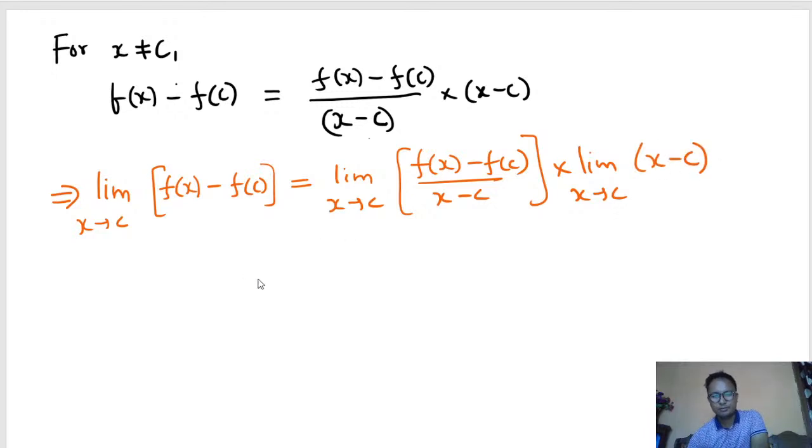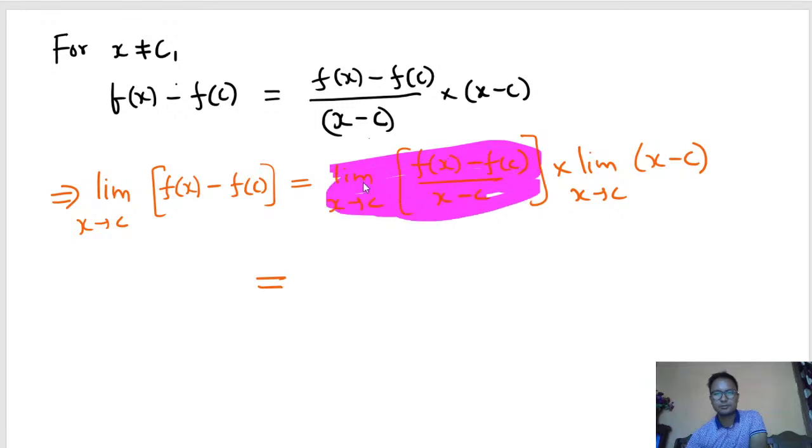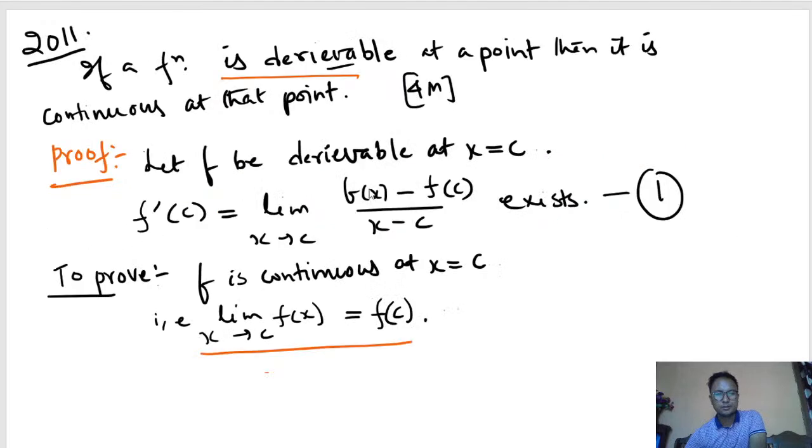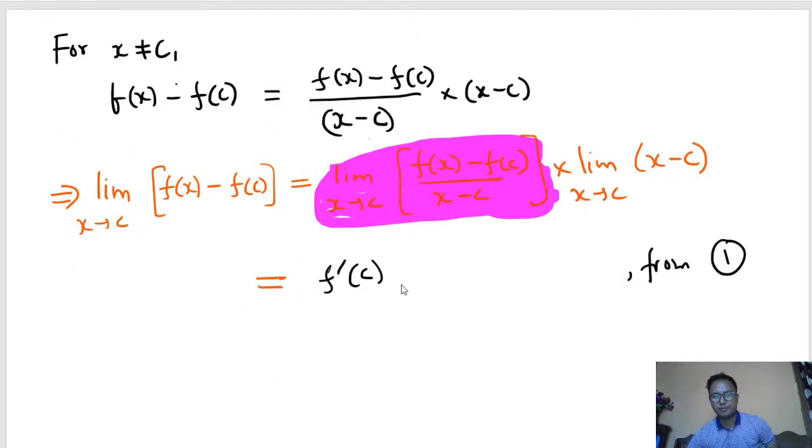Now, what is this part equal to? This is nothing but f prime c, from equation 1: the limit of (f(x) minus f(c)) divided by (x minus c) as x tends to c is f prime c, which exists. So we get f prime c into the limit of x minus c.